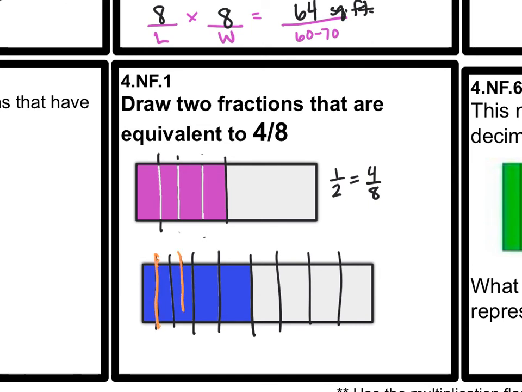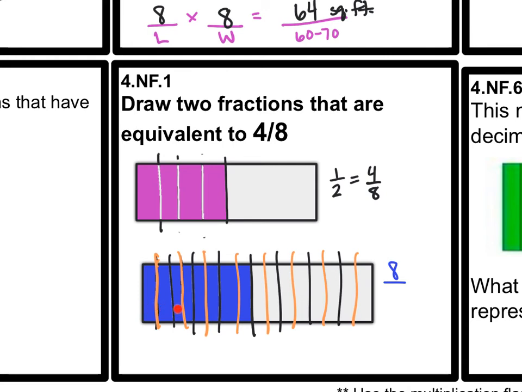So if I add these lines and cut every single piece up into 2 more pieces, my new fraction for 4/8 is going to be 1, 2, 3, 4, 5, 6, 7, 8 total shaded. So I'm going to go ahead and add in 8 total shaded out of how many total?